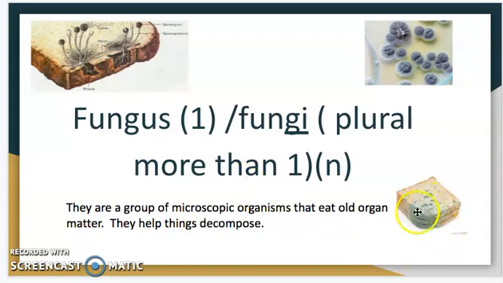This is fungus here that's on bread. You can see it. It's lots of them. There are hundreds or millions of those. If you put it under a microscope, then this is the way it looks. So fungi are tiny microscopic organisms that eat organic matter. And again, they help things decompose. They help things to break down into smaller pieces.